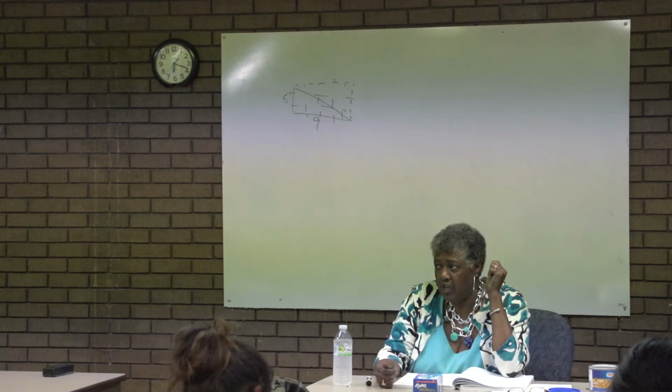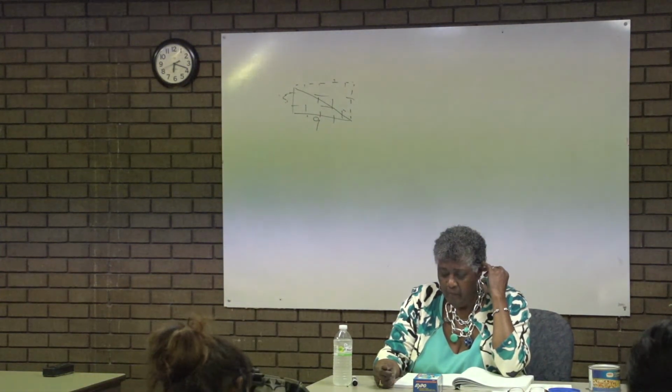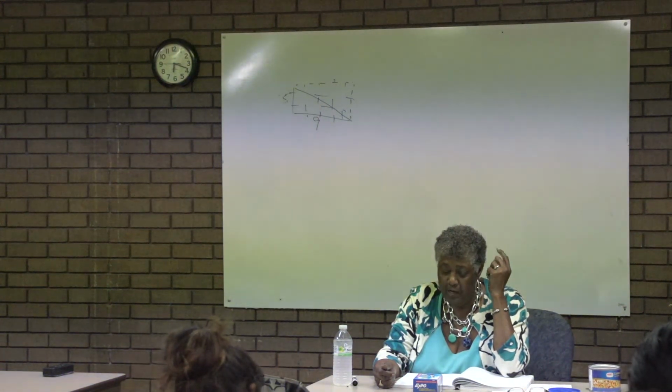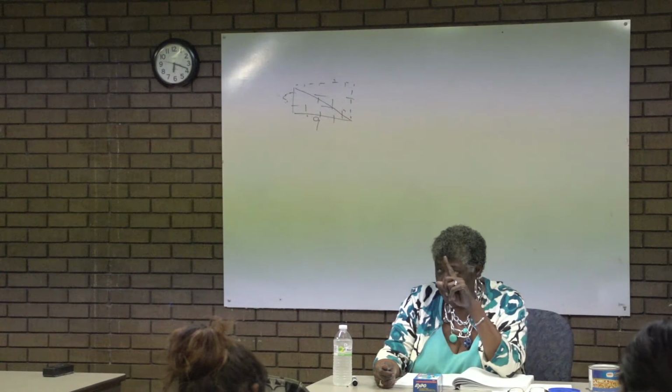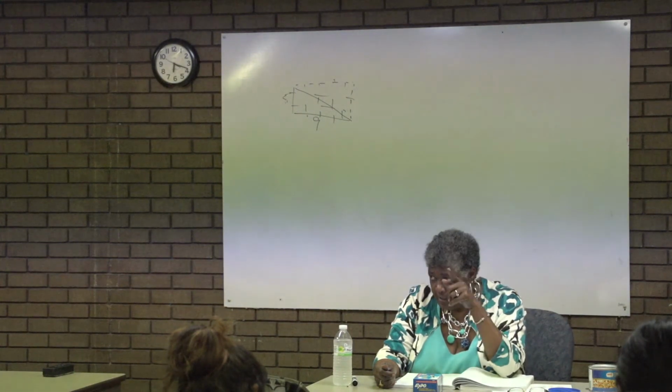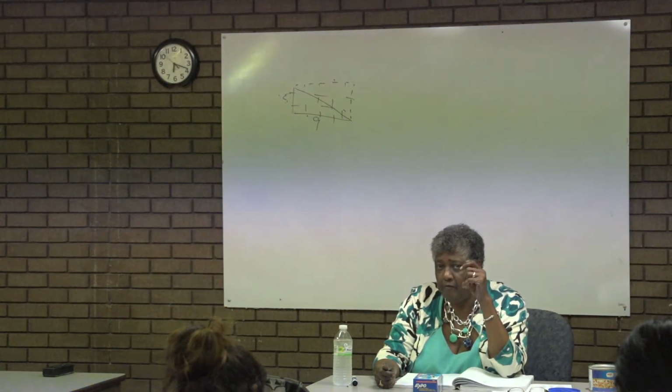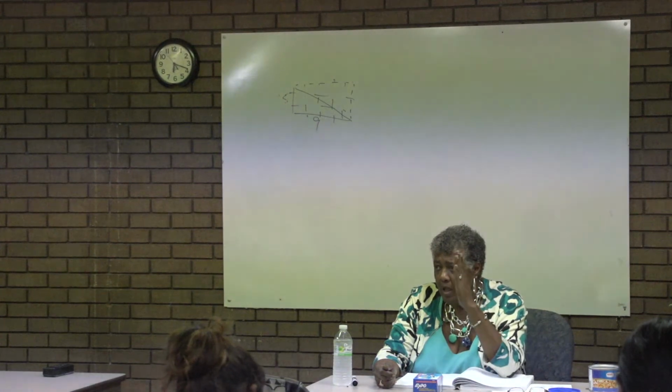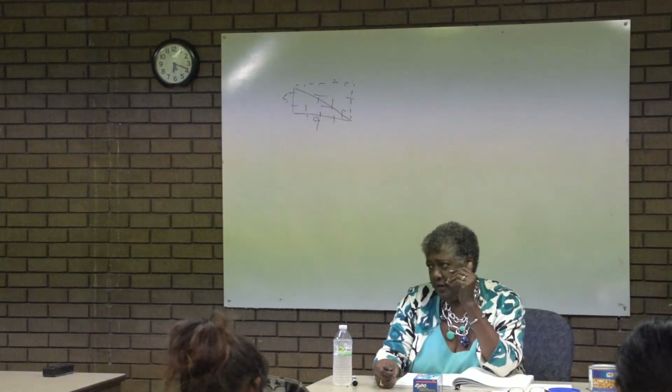I'm asking you, what you say? How do you find the volume of that shape? Pi times radius squared of a circle times height. Remember that volume is the area times how high it is.